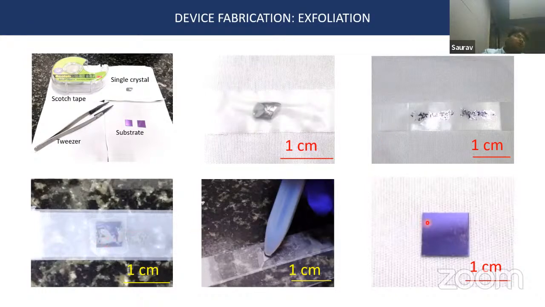What we end up with is something like this, where you can see some portions have gotten transferred from the Scotch tape to the SiO2 substrate. Then you look at it under a microscope and do other processes.